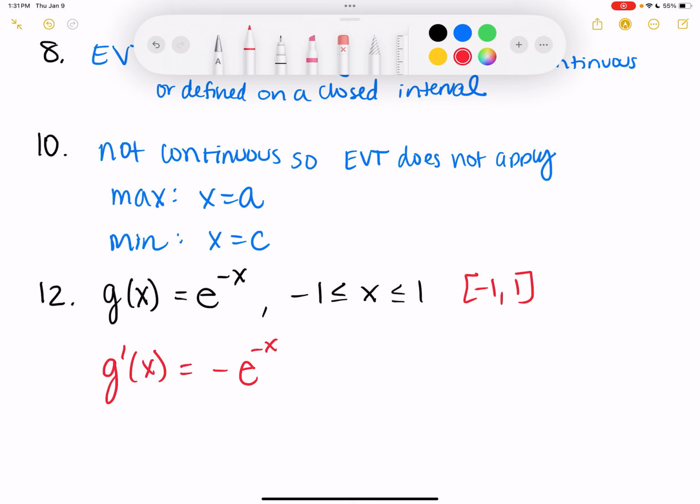Remember, e to the x is just e to the x, so we don't do anything with the x. If there was a number on the x, we would put that out there. Now, the other way we can write this, just as a refresher, is negative 1 over e to the x. Sometimes it is useful.